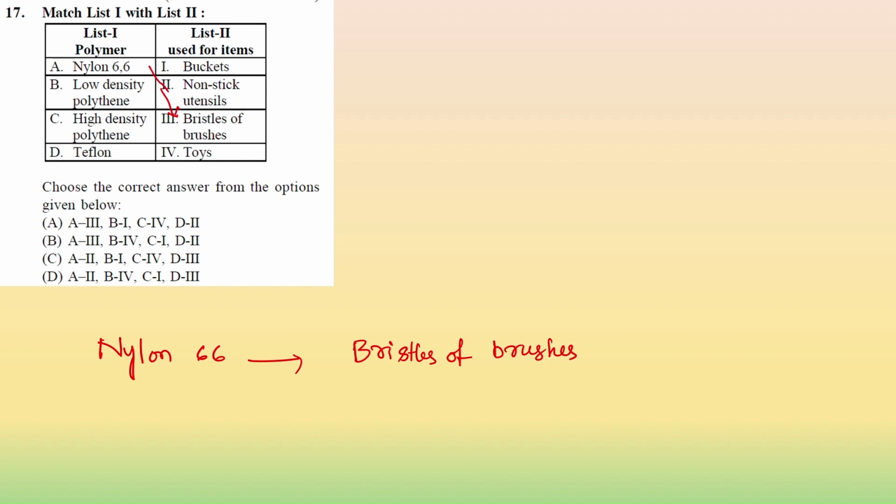And coming to the next point, low density polymers. Low density polymers are actually used to prepare the toys which children play with. So LDPE is used to prepare toys. This point is there in the NCERT textbook. High density polymers are generally used for buckets, and Teflon is used for non-stick utensils.